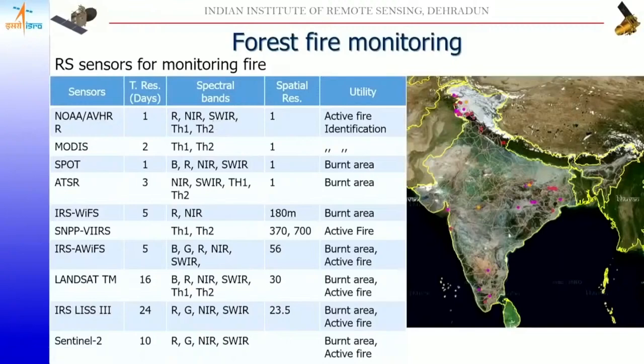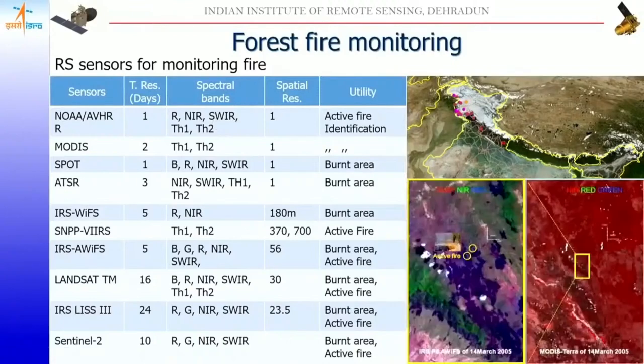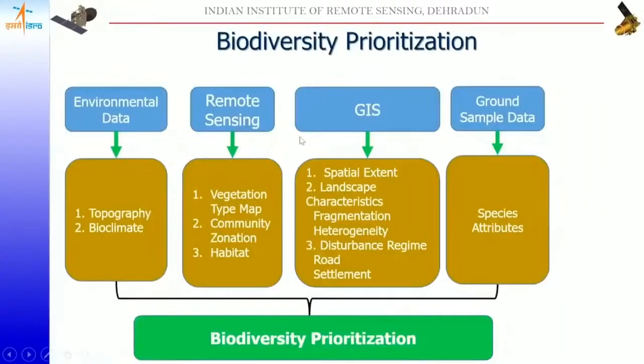This is another use, because fire events are very drastic to biodiversity. They destroy the habitats and the species distributed there, and based on the various remote sensing sensors, we can assess the impact of the fire events on a particular area.